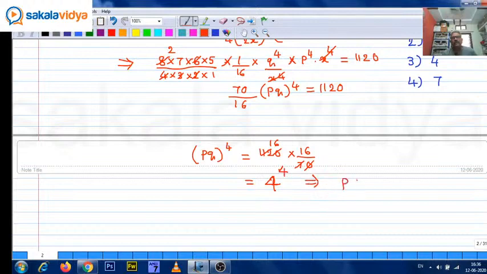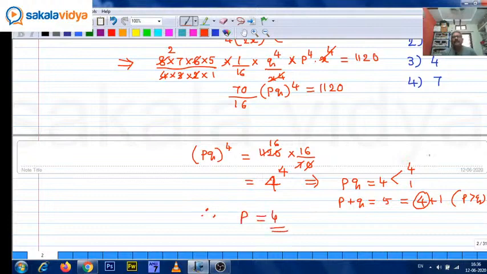So pq equals 4, but what is given? P plus q equals 5. That means the factors of 4 are 4 and 1, so this can be written as 4 plus 1. Since p greater than q, this will be the p value. Therefore p equals 4. That means it's very clear that the third option is the right option.